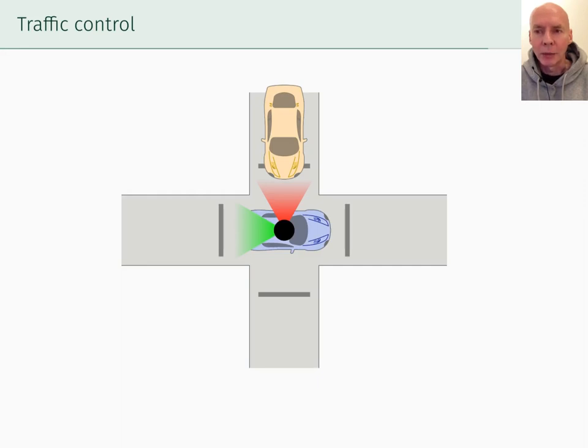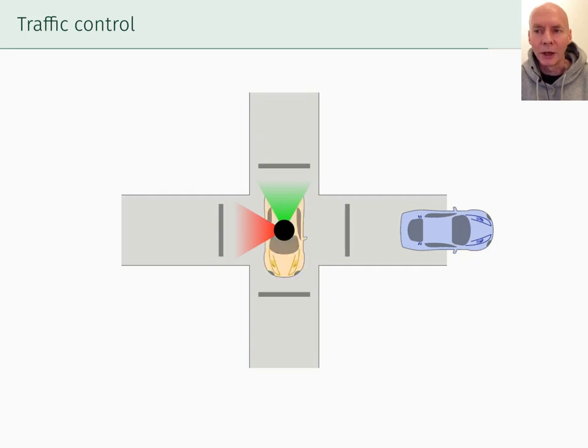If another car comes along on the other street and rolls over a pressure sensor while there's already a car in the intersection, the light facing that car doesn't turn green yet until the one that's in the intersection rolls out of it and rolls over the pressure sensor on the other side. At that point, the other light can turn green, allowing the other car to pass through the intersection.